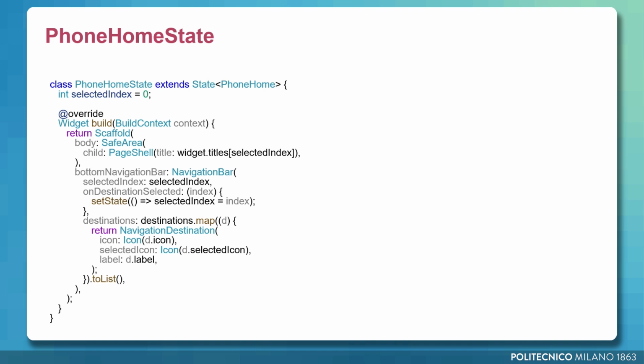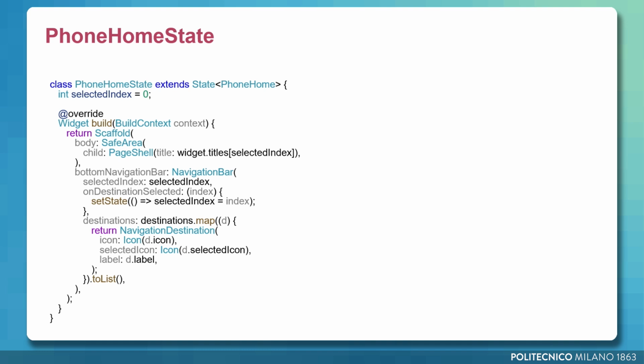In the build method, we return the usual scaffold. Here, we reuse the idea of safe area, and inside it, we place a PageShell, whose title is taken from the initial list of three titles using the one that corresponds to the current value of selectedIndex.